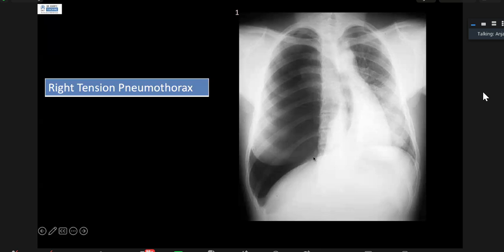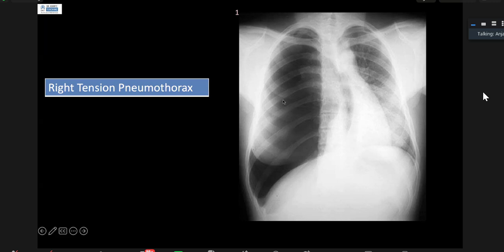And do we have signs of tension here? We do. Look at the diaphragm. The diaphragm has been pushed down. And look here, the heart, which should have been sitting over the spine, has been pushed to the other side. If you look here, you can see some blackness or some lucency extending over the midline spine.